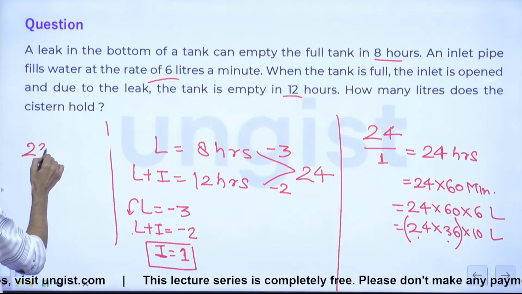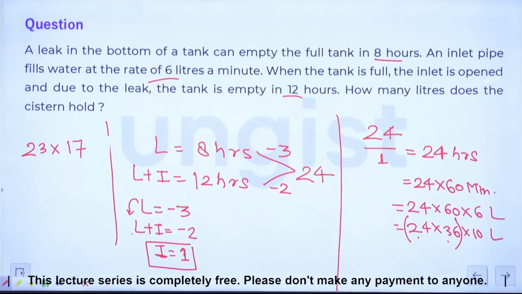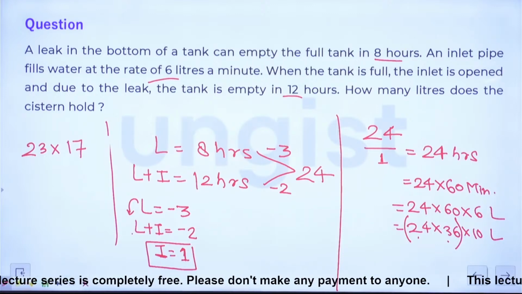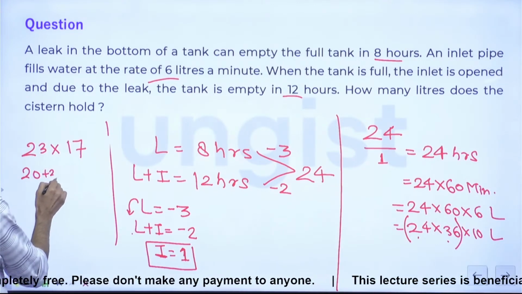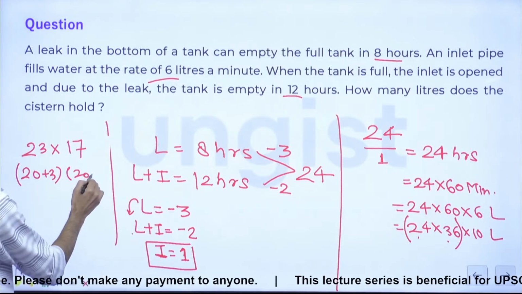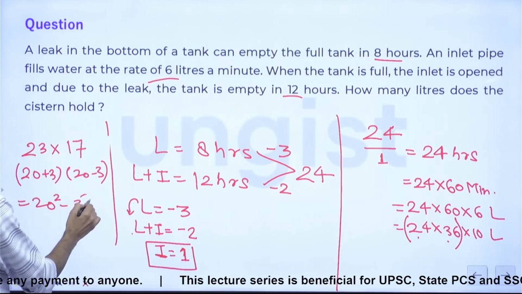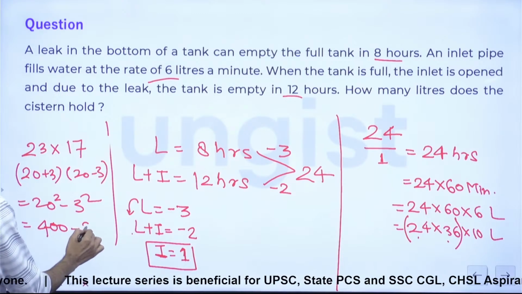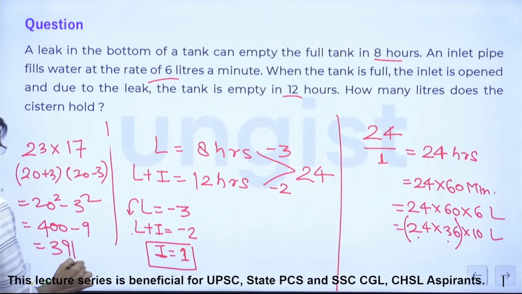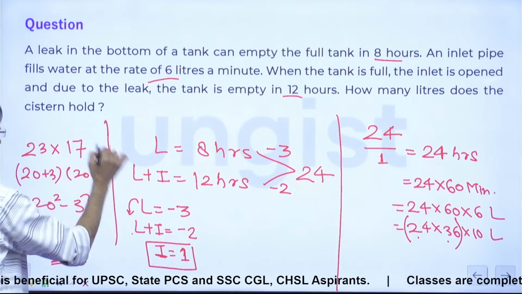Once again, another number. Let's say 23 into 17. What is their average? 20. So guys, this is 20 plus 3 and this is 20 minus 3. I mean a square minus b square I am talking about. So this is 400 minus 9, which is 391. You can solve it manually, guys. One more.